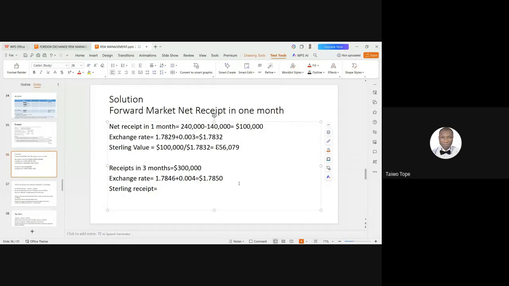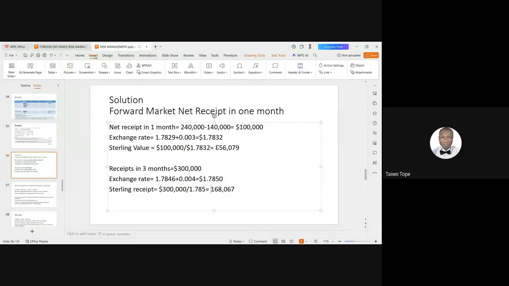And we are going to have what in pounds? 168,067 pounds. So this is the forward analysis.